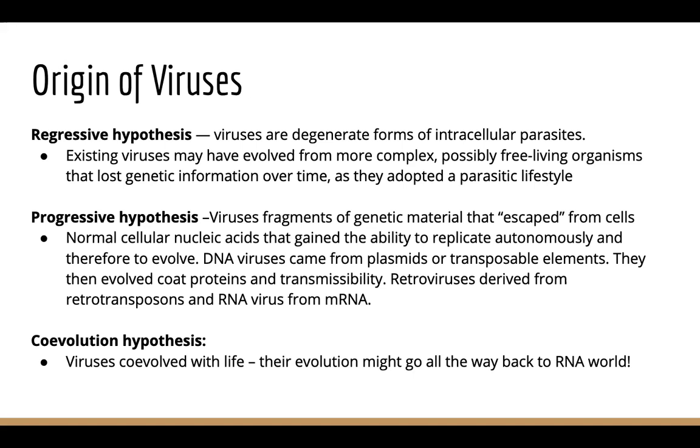It is believed that DNA viruses arose from plasmids or transposable elements, after which point they acquired coat proteins and the ability to be transmitted. Retroviruses, such as HIV, are thought to have derived from retrotransposons, and RNA viruses from mRNA.